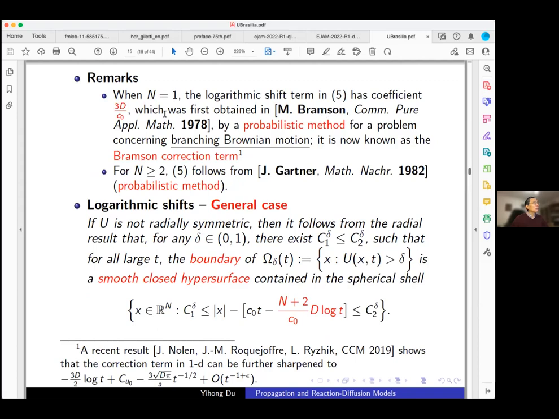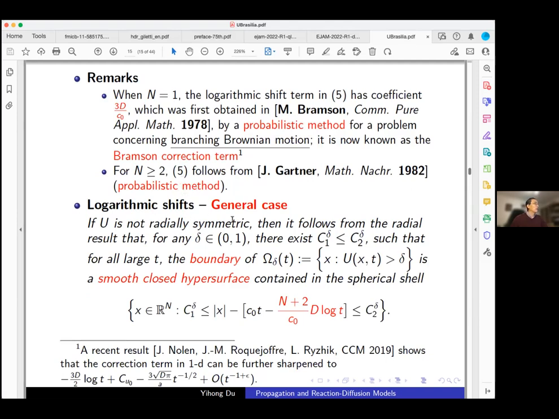And actually that was proved by using a probabilistic method, not an analytical method. And the high dimension case was proved by Gartner, and again by a probabilistic method. But of course, now there are also several analytical methods available proving these results.